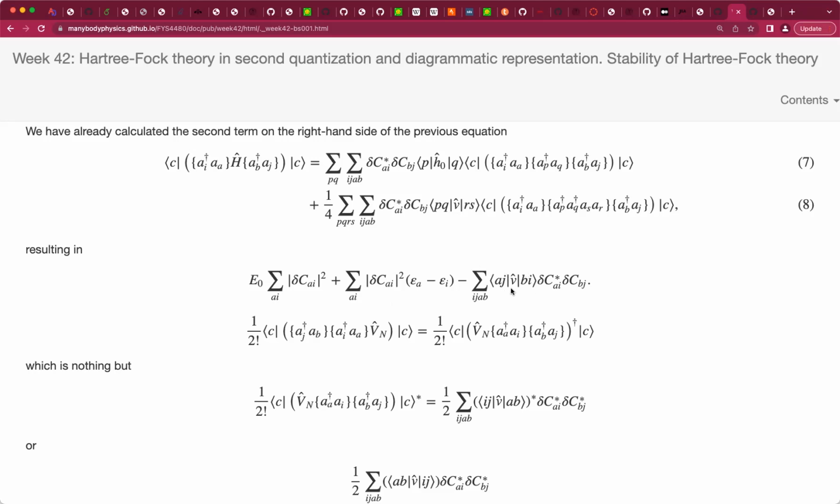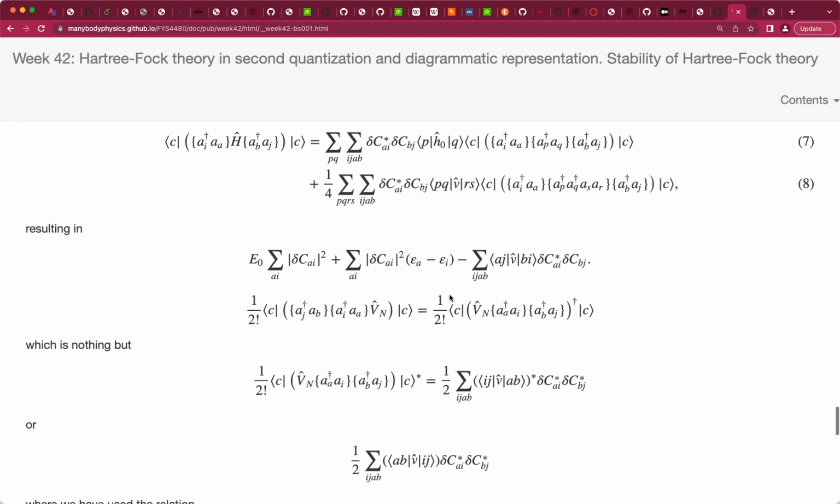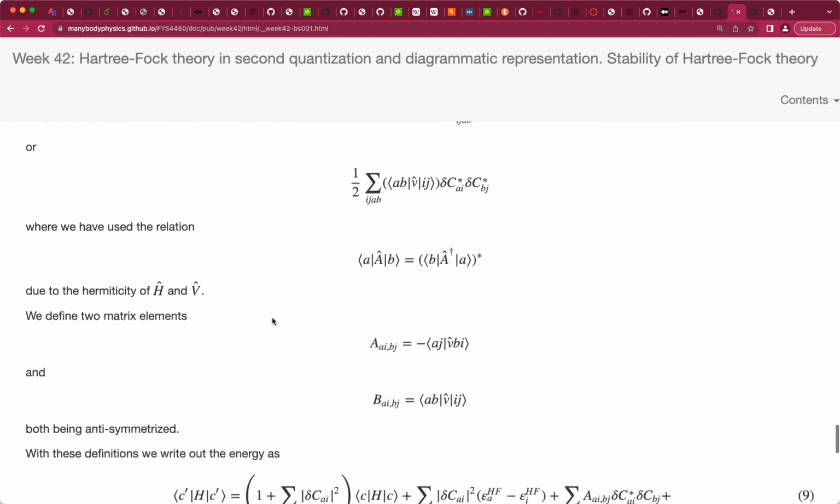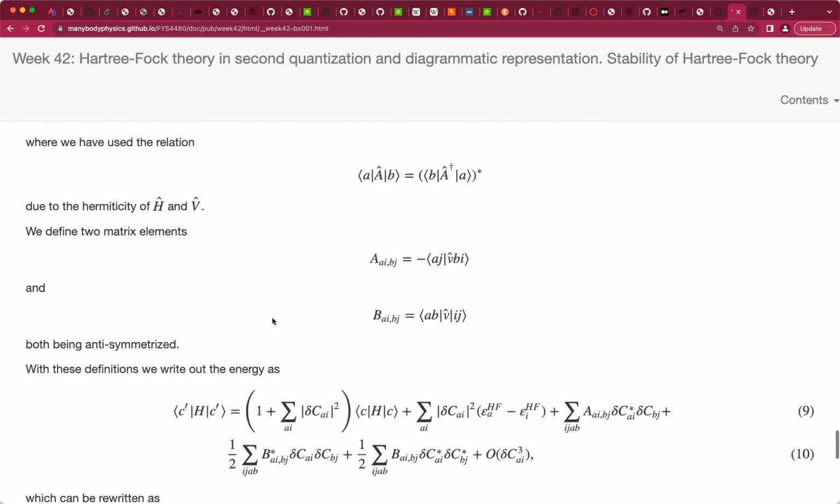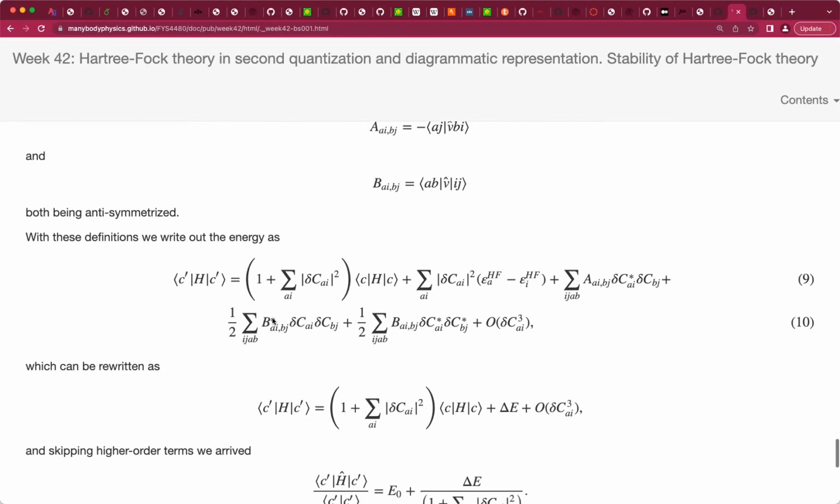We have this ⟨AJ|V|BI⟩. That was a term which contains delta C on the ket side and the bra side. So this gives us these terms here. And then when we collect everything, we can rewrite these calculations in terms of a set of matrix elements where we now have the Hartree-Fock energies here, as you can see.